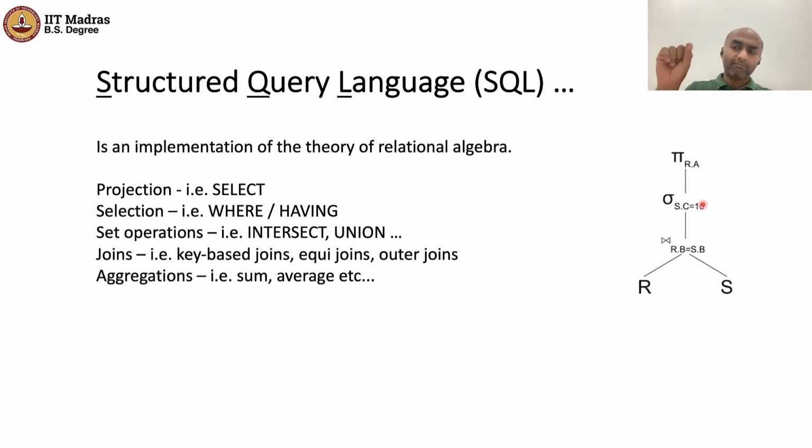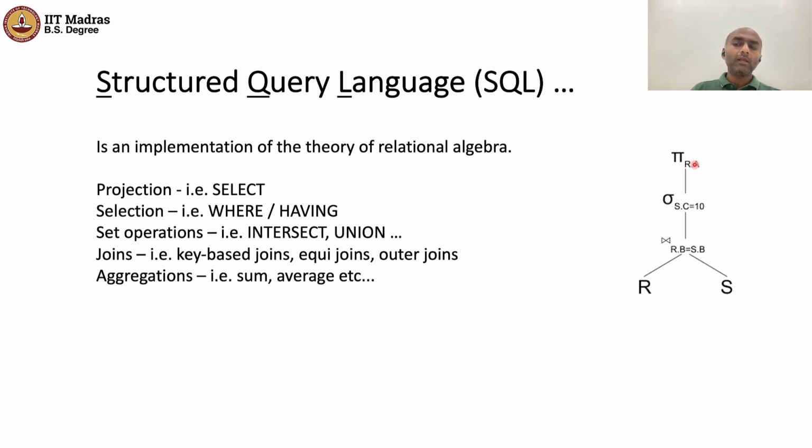So now I've picked up that particular hyperplane of points, which has the value of the C axis to be 10, and from this specific set of data that I've filtered, I'm projecting only the value onto axis A. The projection symbol is denoted by capital Pi. The selection symbol is denoted as capital sigma.